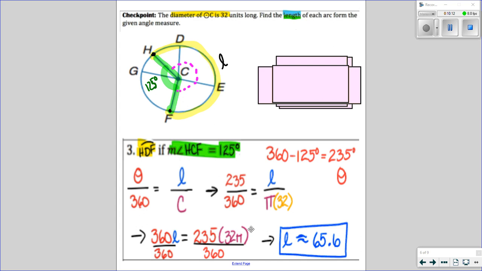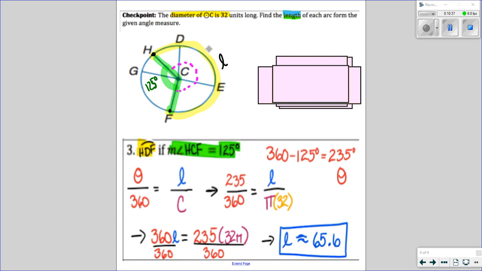Okay, this question was different from the other two questions that I showed you. Basically, you had to add another step where you had to subtract from 360 to find the central angle that corresponds to the arc length that we're looking for. So again, pay attention to what they give you and what they ask you for.